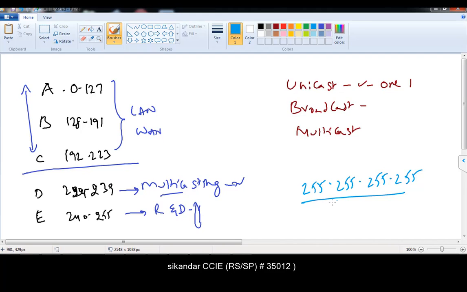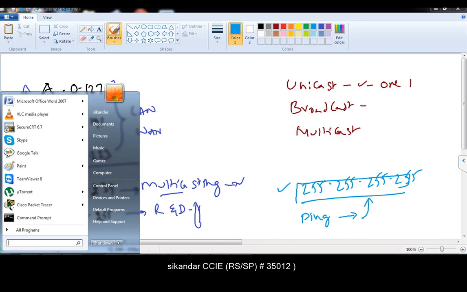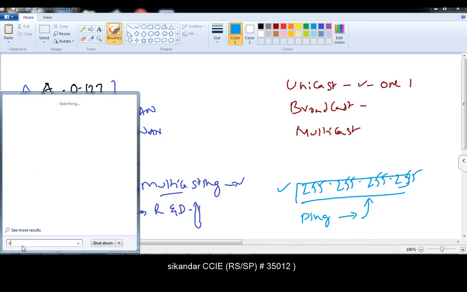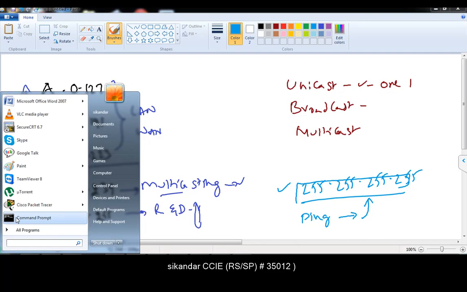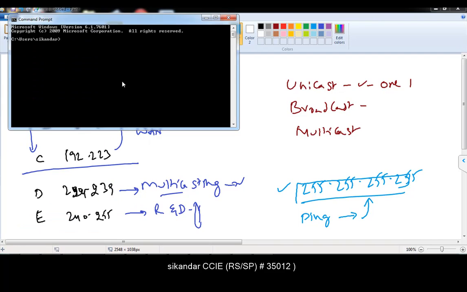255.255.255.255. Ping is generally used for testing connectivity. If I send a ping message to this address, it will try to get a reply from all the devices. So let me try if it works on my PC. I'm connected to the internet. You can see it's CMD. I'm trying to ping.